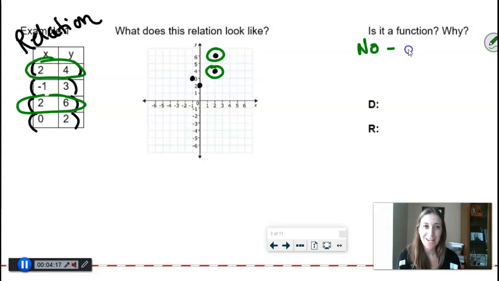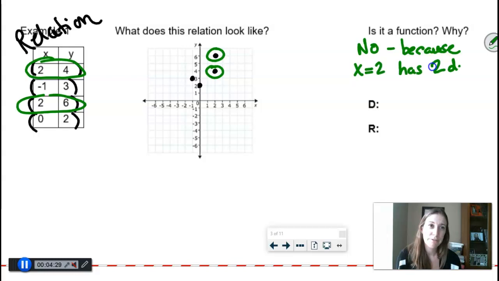The reason why is that x equals 2 has 2 different y values, or output values. x equals 2 gave you a 4 on one of the ordered pairs, and then later on it gave you a 6 for the same x value. That's why it's not a function.